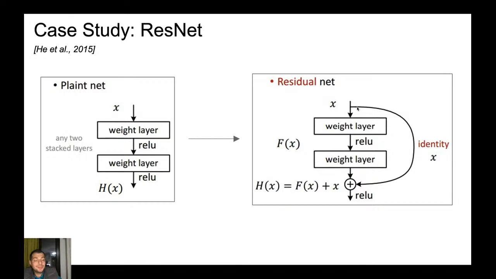So the main idea is that we have the activation maps resulting from this layer, and we just add them up using the standard matrix addition operation, and then we apply the ReLU for this layer. So it's basically skipping this and adding the components here.